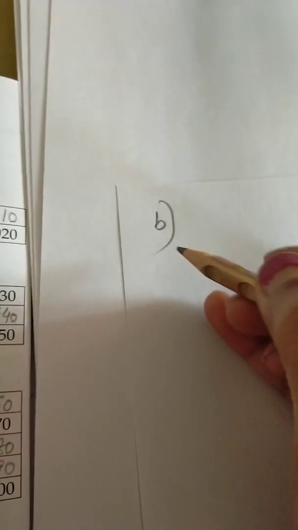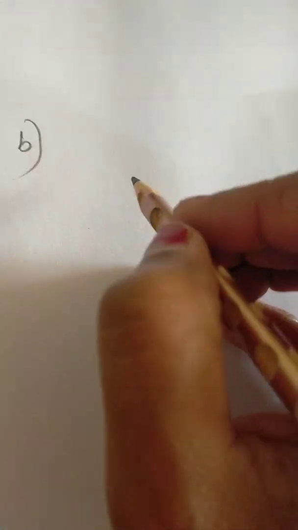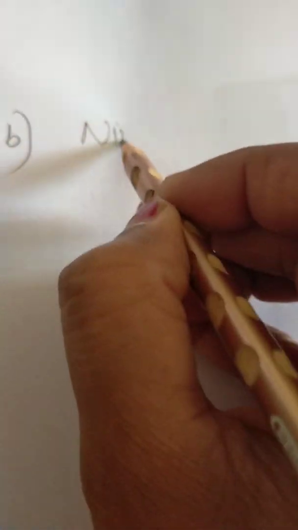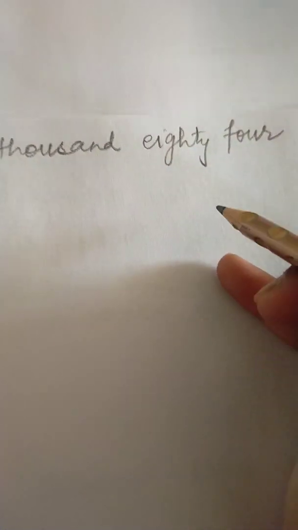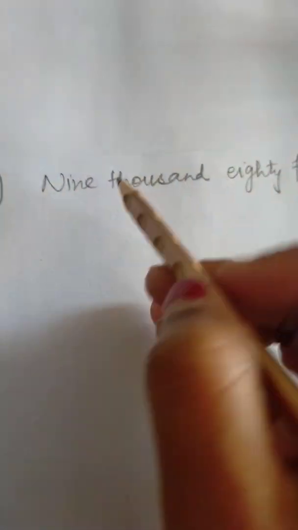Now one more example for this. For example, there is 9000, 84. That is 9084.